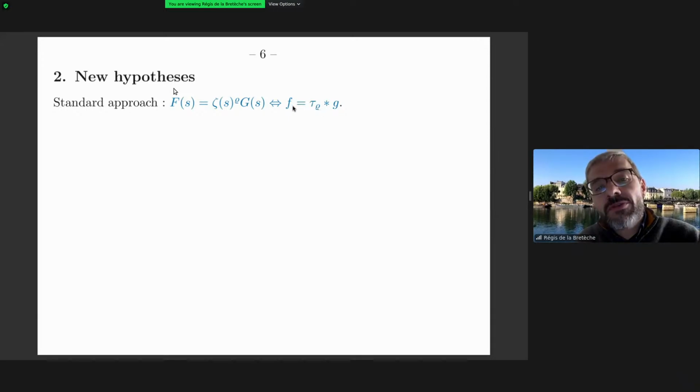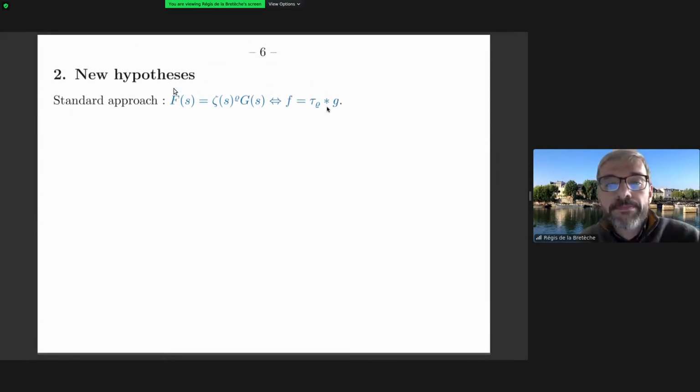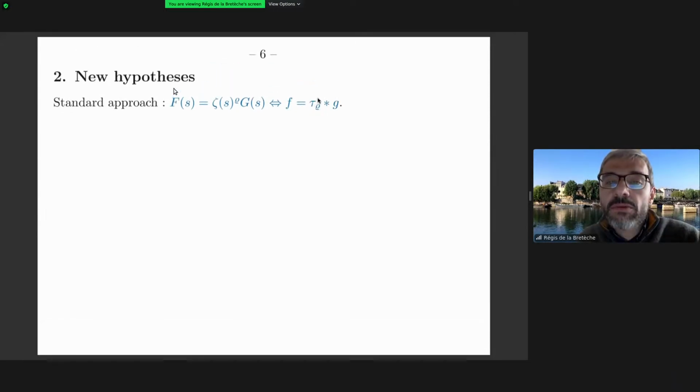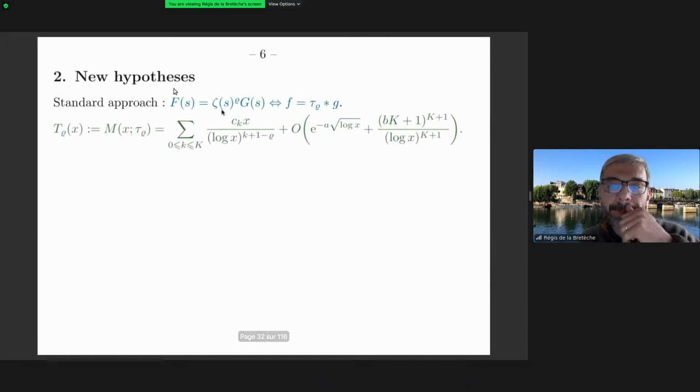Then you have the relation of small f with small j with a convolution. And tau index rho is associated to the power of the Riemann zeta function. So using the Selberg-Delange method, we have an estimate of the sum of tau index rho of n, as we saw before.